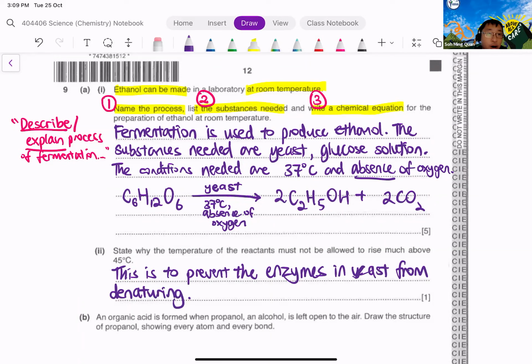We mentioned before, the optimum temperature for enzymes in yeast is 37. Above 37, the enzymes will denature, meaning the enzyme will change shape, it will no longer work, and it will no longer be able to speed up fermentation.